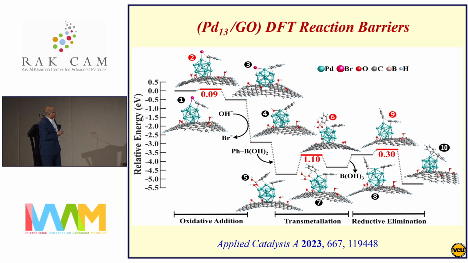This barrier is the one that determines the overall reaction activity, the reaction rate. The barrier for graphene oxide was 0.09 eV, and then we have the second step, transmetallation. The barrier is a little higher, and then the barrier for the reductive elimination was lower.